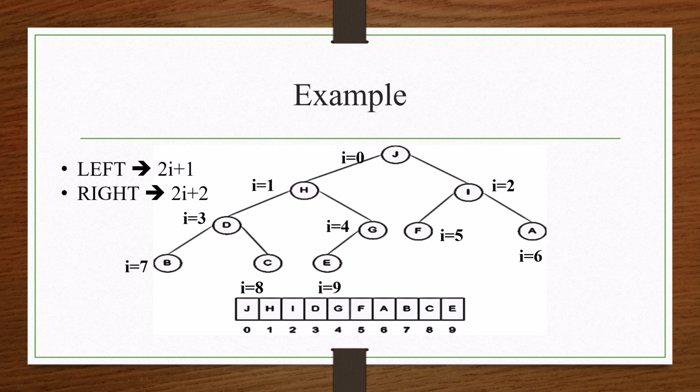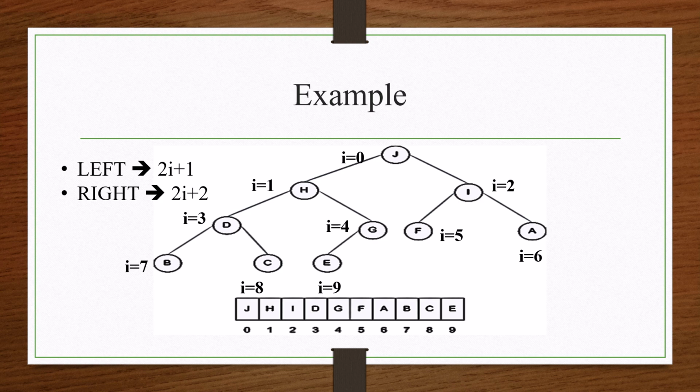So for example, J is at 0, its left child H is at 1, and the right child I is at position 2. Similarly, H is at position 1, so D and G go at positions 3 and 4, and we keep going like that.